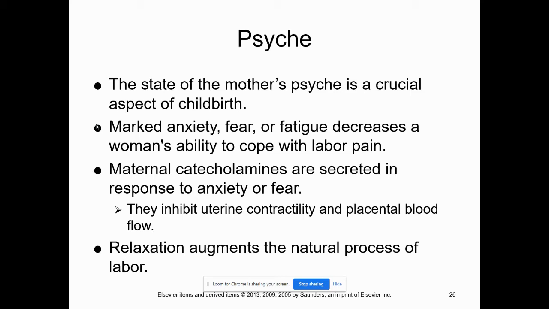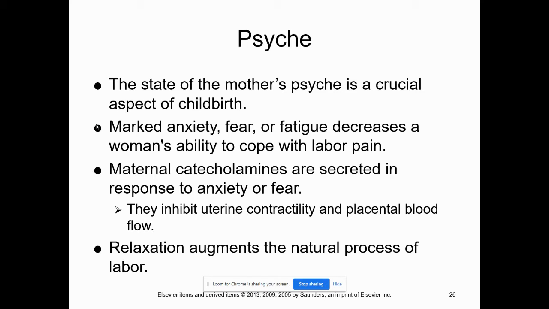Anxiety can lead to severe contractions of the pelvic floor and the perineal muscles, and that's going to impede natural labor progression. Fear and anxiety are known to thwart normal progress in labor, so we try to avoid that, and we'll talk more about that in your chapter on pain management in childbirth.